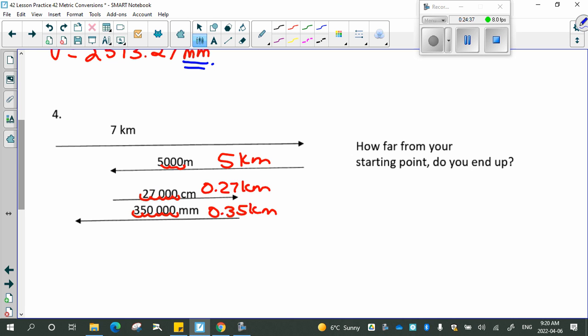So how am I going to figure out how far they are from their starting point? So here's where they start. How do I figure out how far away they are from their starting point? So do you want to figure out how far right they went and how far left they went first? Okay, so how do you figure out the total amount they went right? 7 kilometers plus 0.27 kilometers.